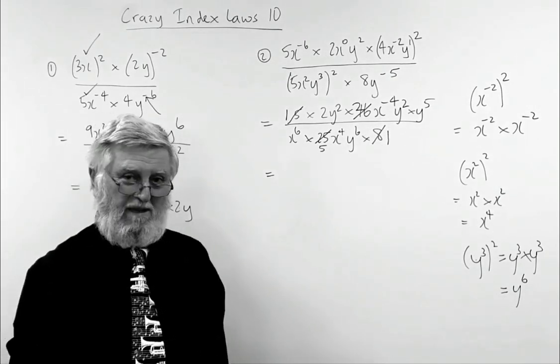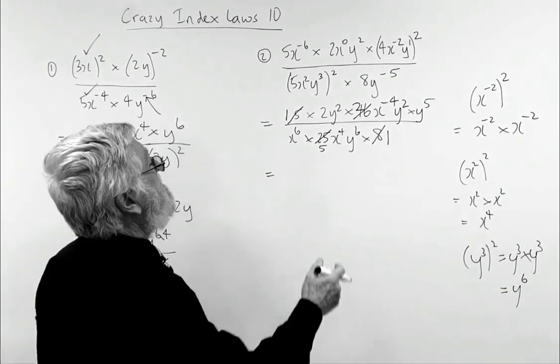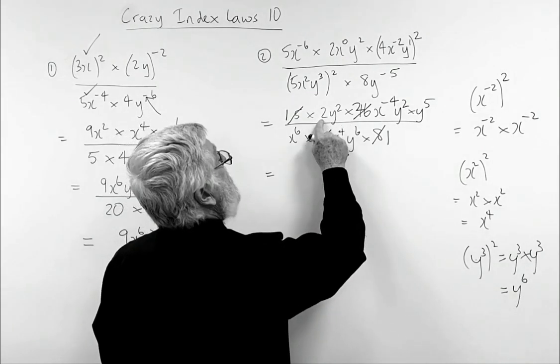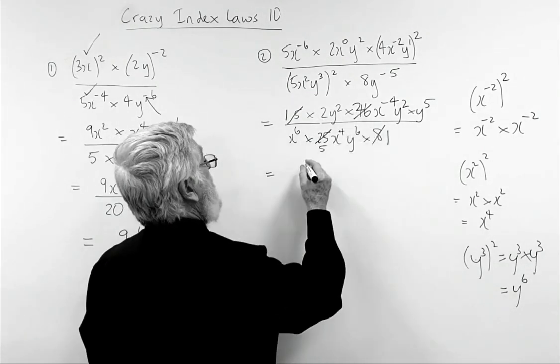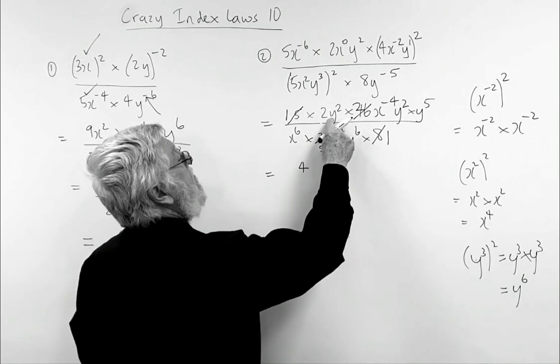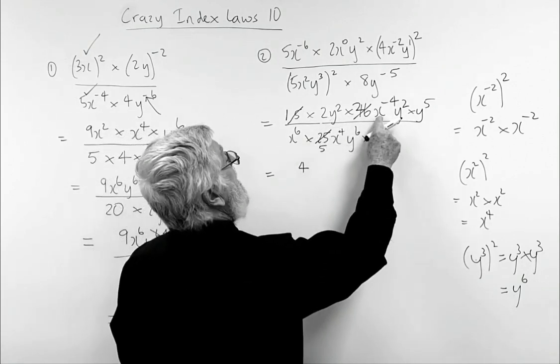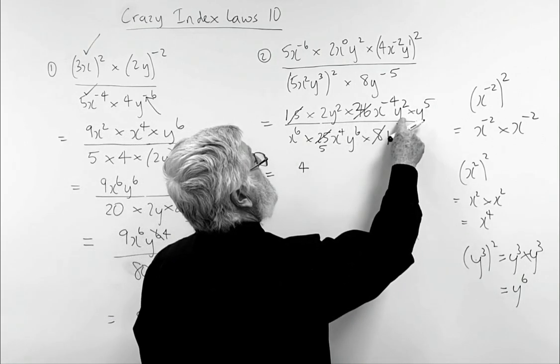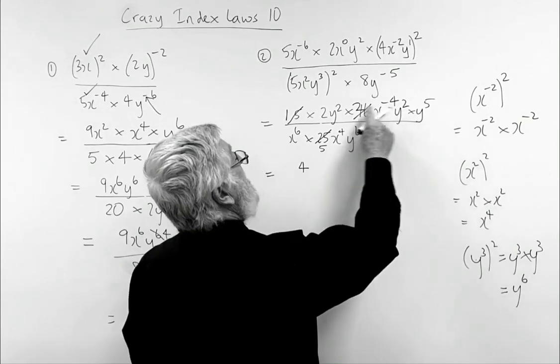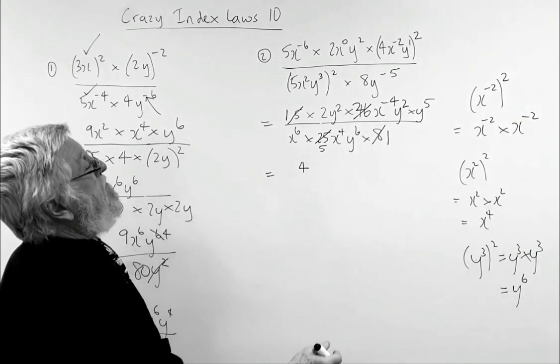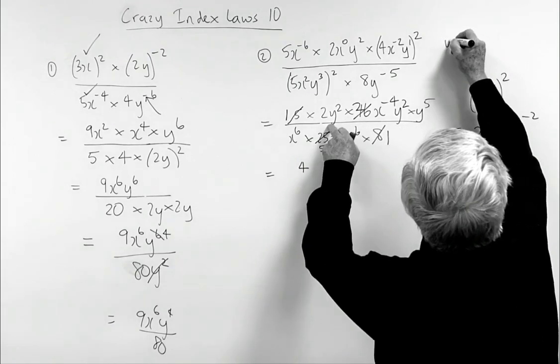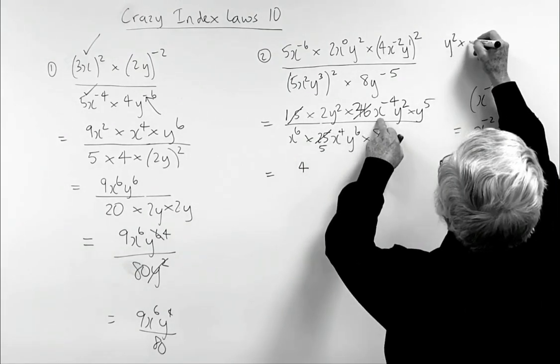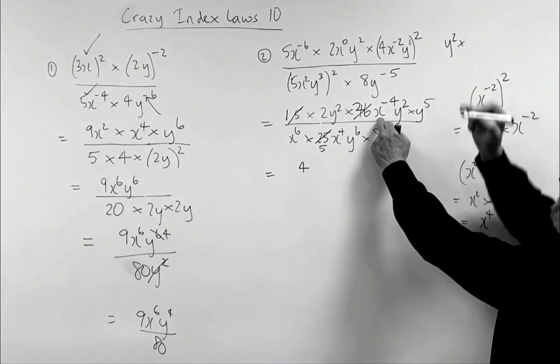This is a mess. Can you see why I don't normally give this to students? Okay, that's a 2 times another 2, which is a 4. I've got a y squared, I've got an x, and I've got a y squared, and I've got a y to the 5. Should I look at such a mess? Should I write it separate? Probably. I've got a y squared, I've got an x to the minus 4, so it's not really an x.